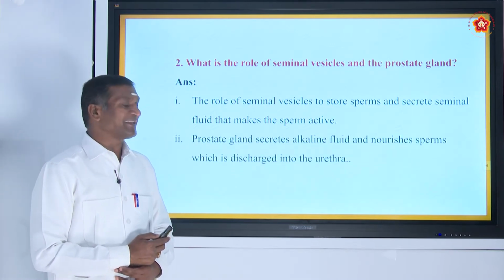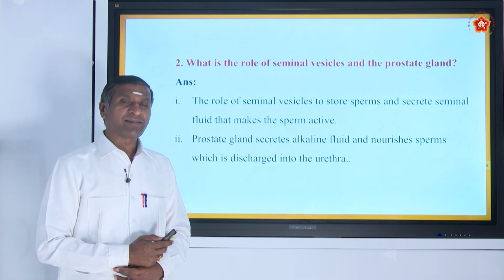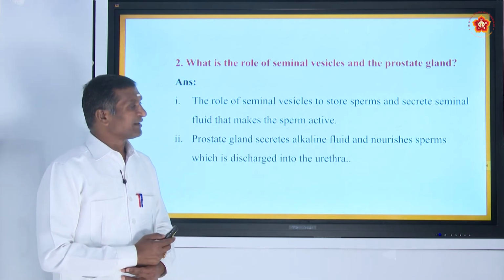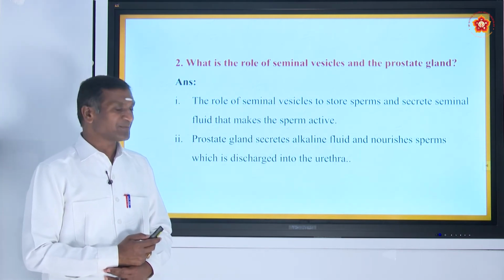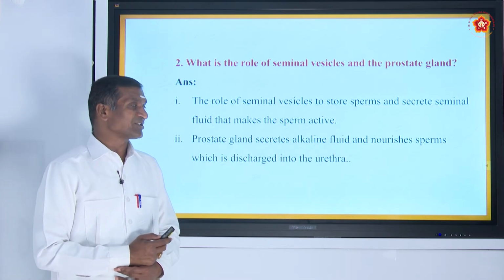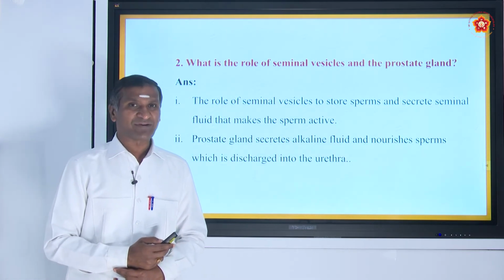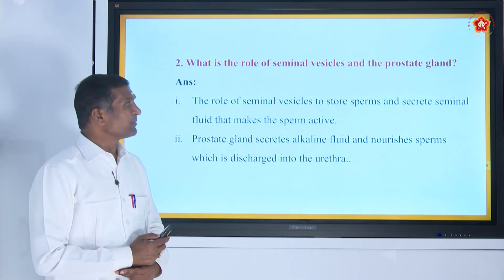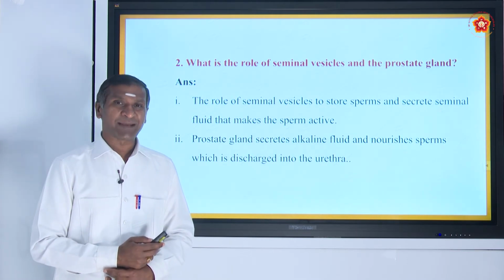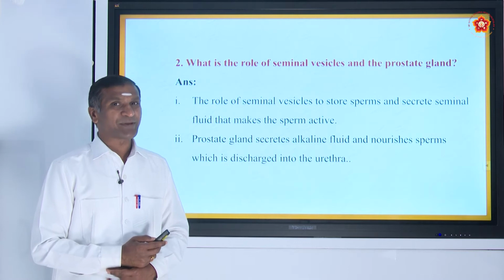And the prostate gland secretes the alkaline fluid and nourishes the sperms, which is discharged into the urethra. A very important question from the exam point of view and a very simple answer.